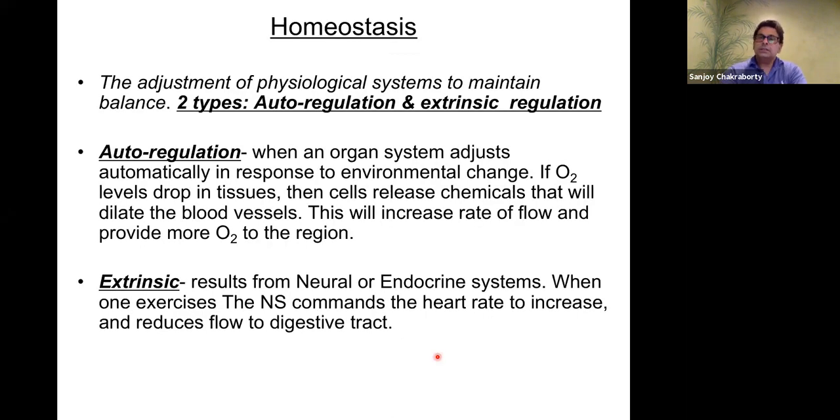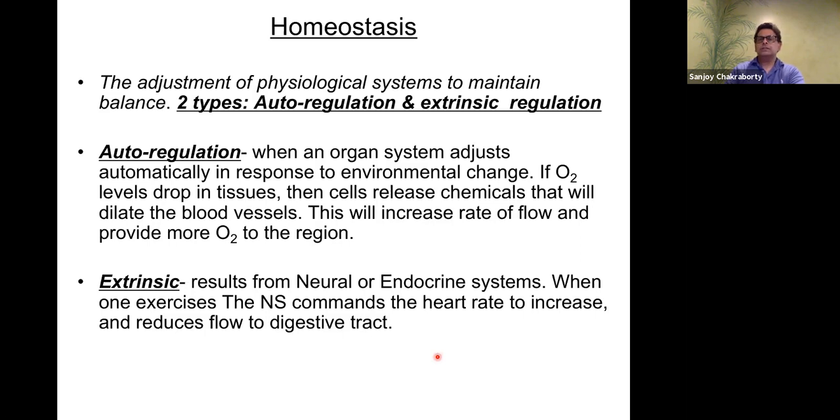Again, homeostasis. When we talk about homeostasis, we are talking about our body's normal physiological status. Right now, as I said, this is my body's normal physiological status. That's called homeostasis. So homeostasis is basically the normal physiological status of the body at rest.